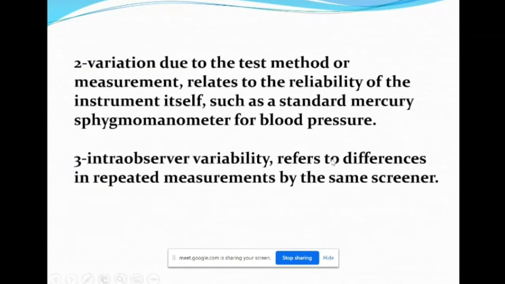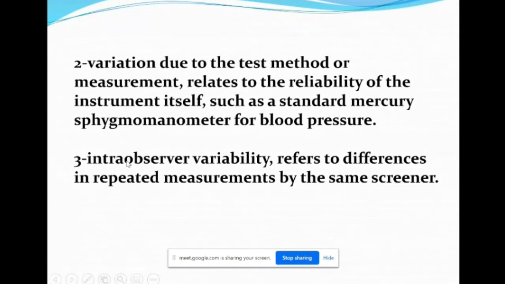Also, variation may be due to the test method or the instrument that is used for screening, for example the sphygmomanometer that is used to examine blood pressure. So the instrument itself may be a source of variability in the results of screening.